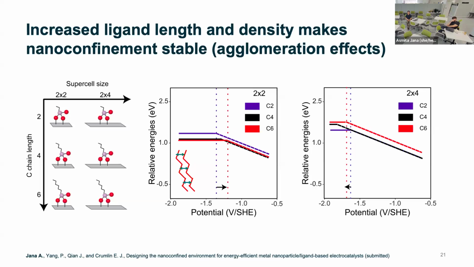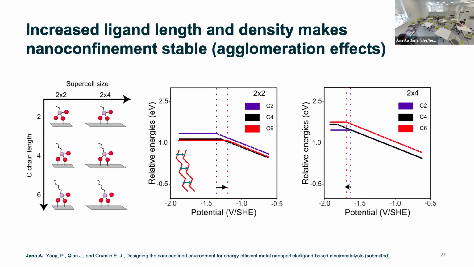Within the 2x2, when you move from C2 to C6, the transition potential also moves right, the direction you desire, which means the more dense, the more long, the better in terms of creating the nanoconfined structure. Why? Two words: agglomeration effects, right?